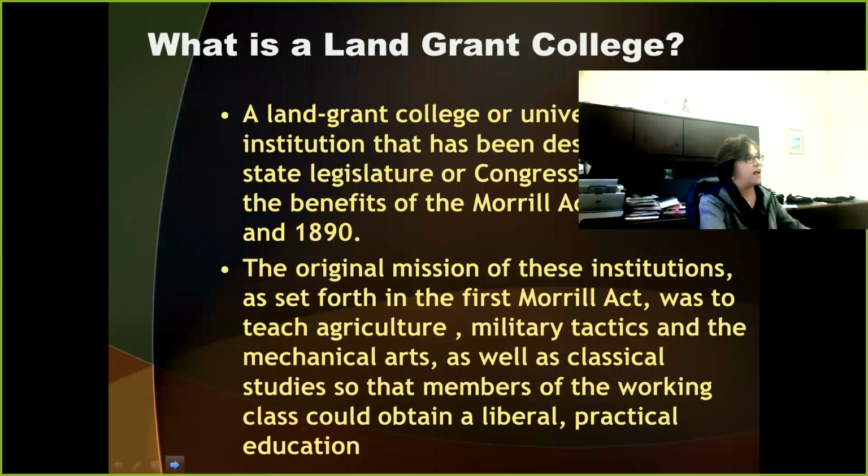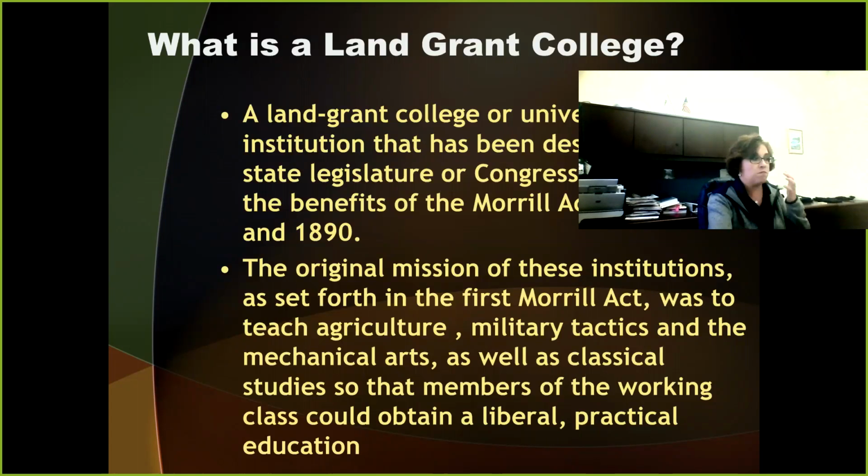So what a land grant college or land grant university is, it's an institution that's been designated by the state legislature or by federal legislation, actually, or Congress, to receive benefits from what's called the Morrill Act of 1862 and then the Morrill Act of 1890.